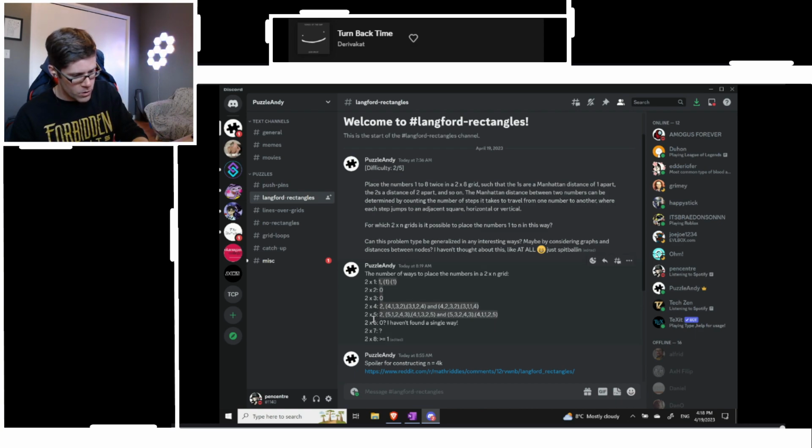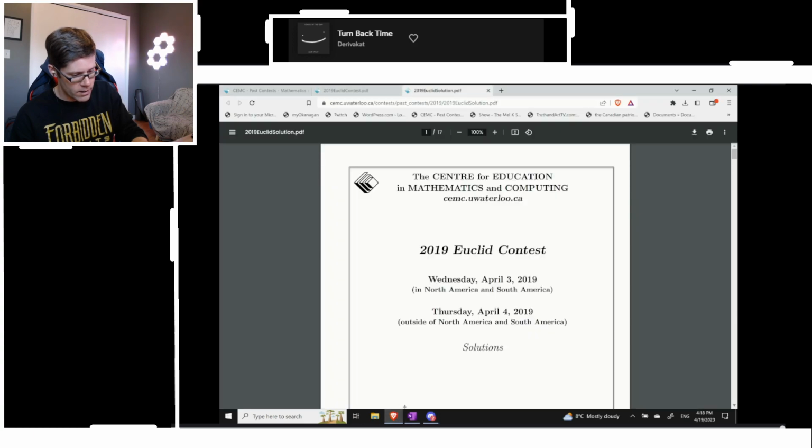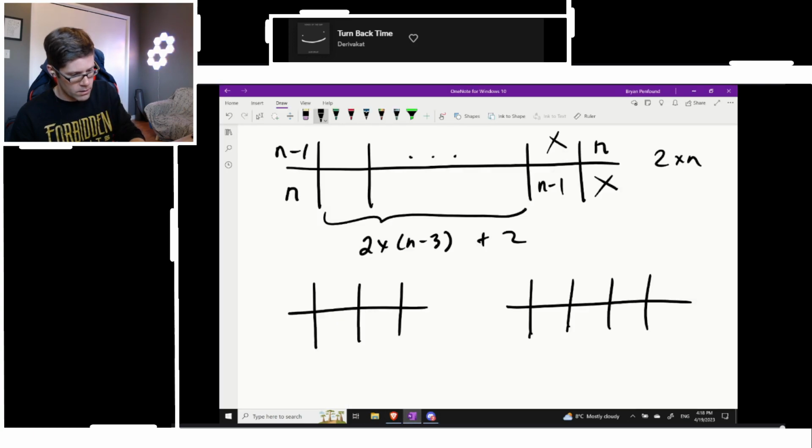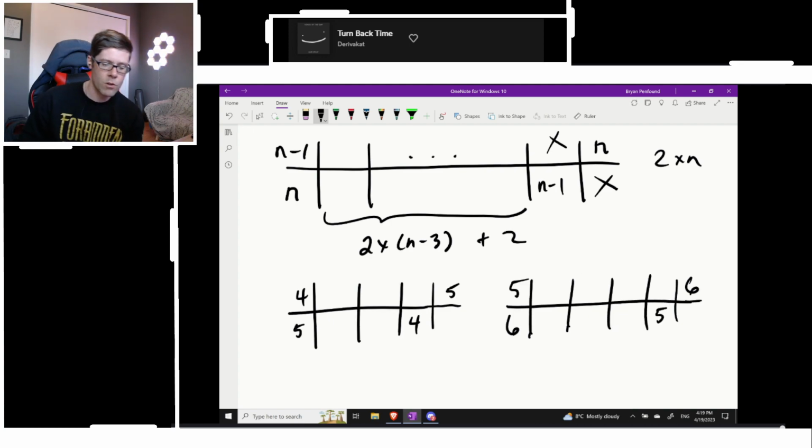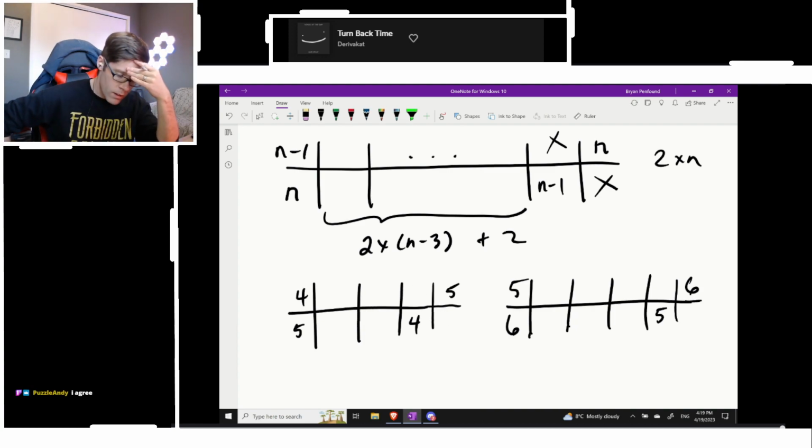So let's compare the 2 by 5 and the 2 by 6. 1, 2, 3, 4, 5. 1, 2, 3, 4, 5, 6. And maybe just for the sake of making this easier, we'll do them in the same arrangement so that we always have our upper corners looking the same.